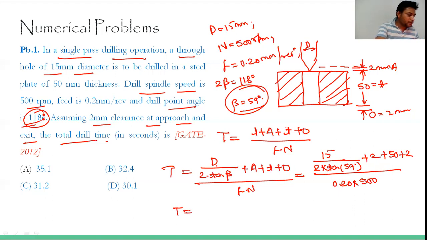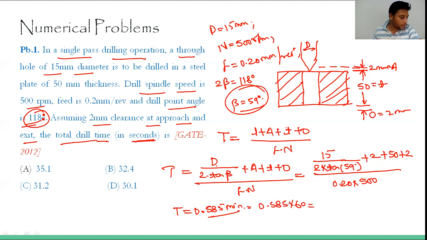Okay, when you calculate it, I'm getting the value 0.585 minutes. But the total drill time is asked in seconds, so just multiply 0.585 by 60.